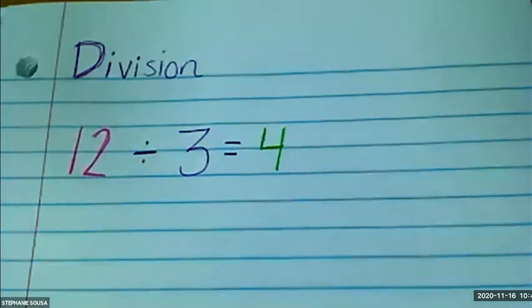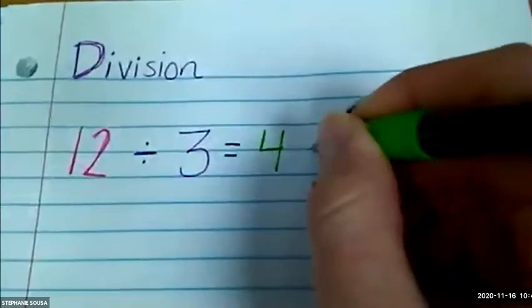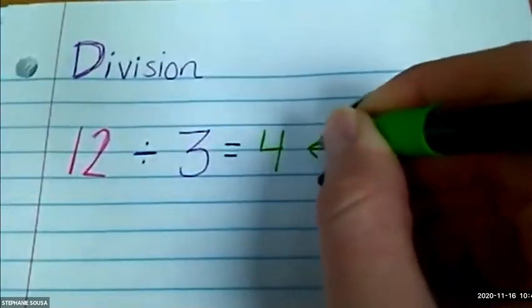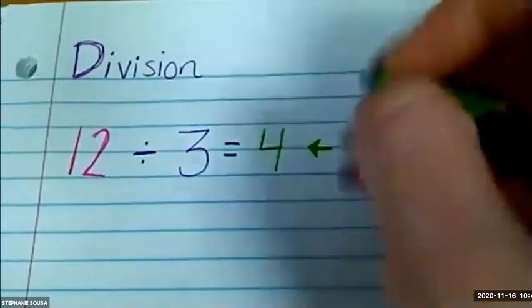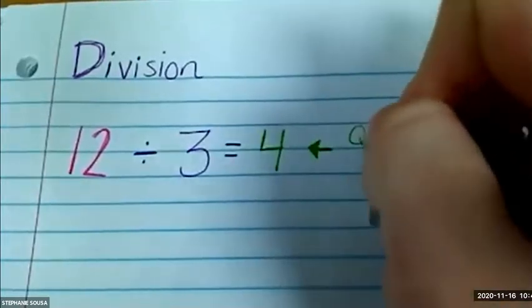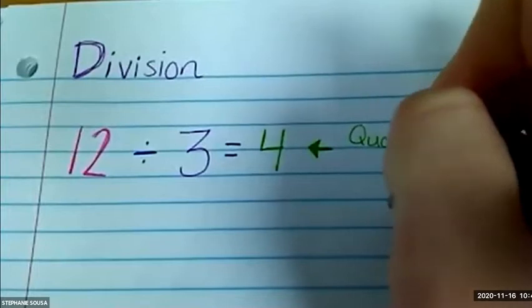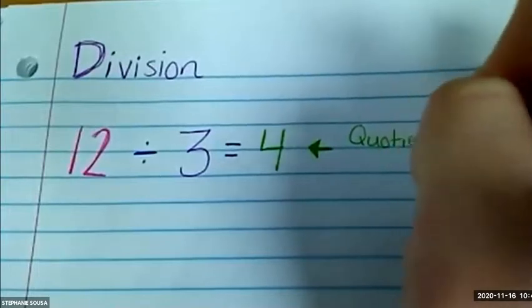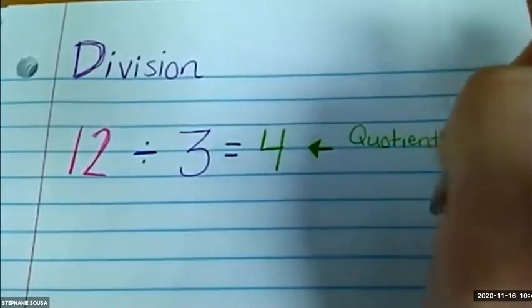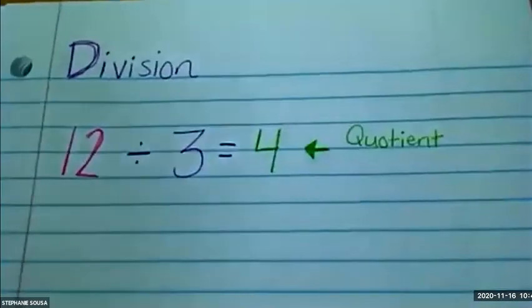And first off, let's start with our quotient. Since we have some space over here, this number, our answer, is called a quotient. So I'm going to write that word quotient, Q-U-O-T-I-E-N-T, a quotient.